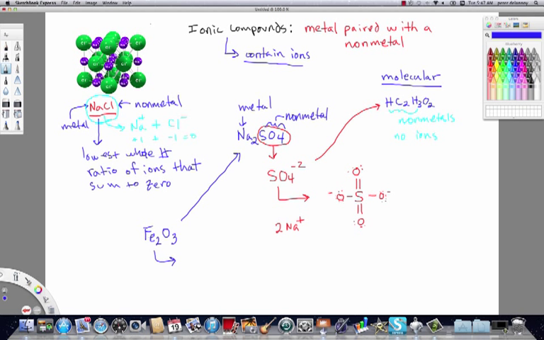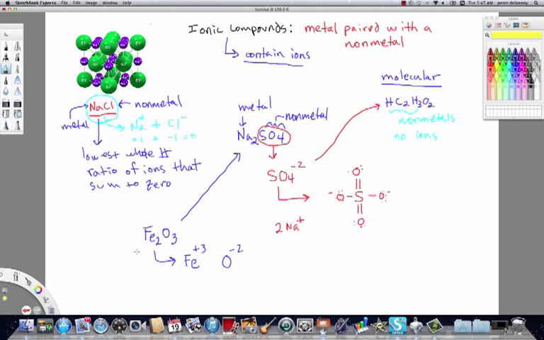Instead, this is the combination of an iron ion. Specifically, this particular formula is composed of iron 3, so Fe+3, and it's been paired up with oxide, which is O-2.